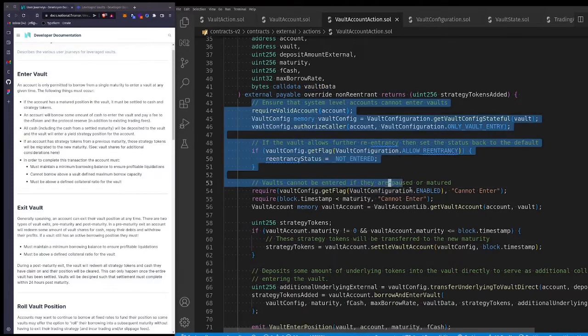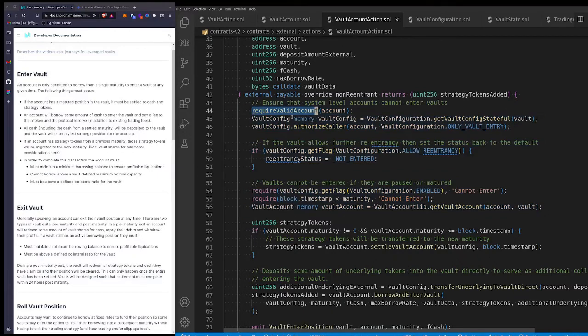This initial code block here largely just authorizes access to the vaults. It requires valid accounts. There's some configuration that allows vaults to restrict access to accounts, and perhaps do some sort of pre-processing of transaction data before this method is called.